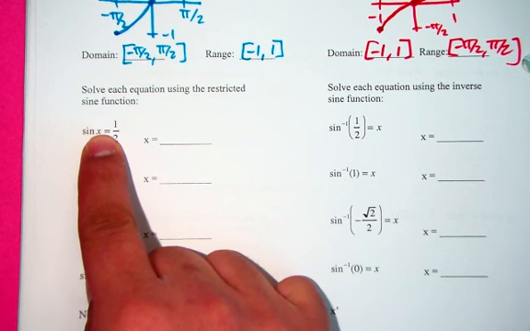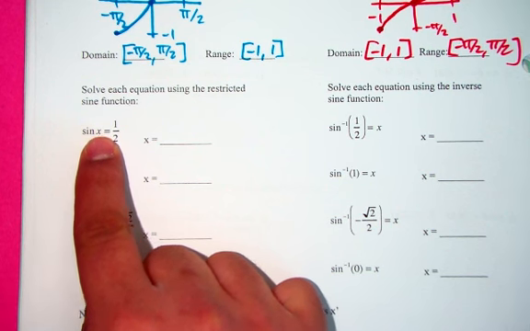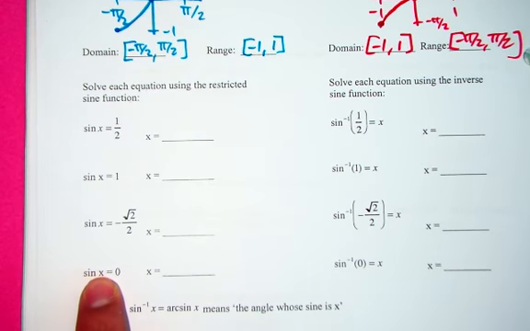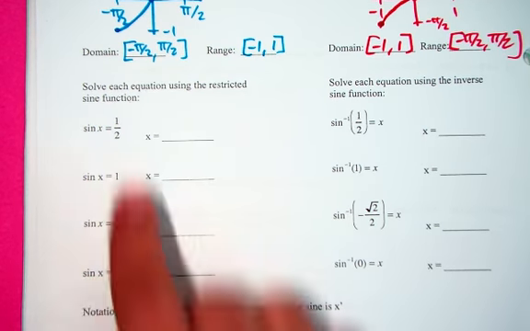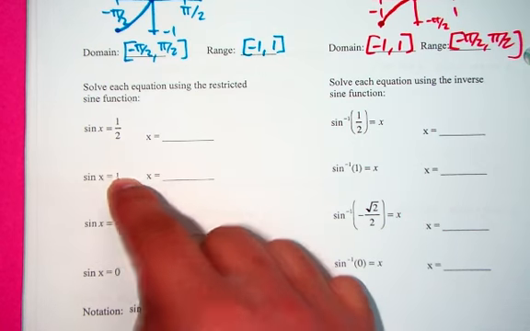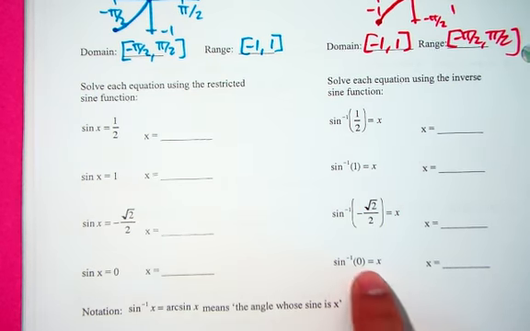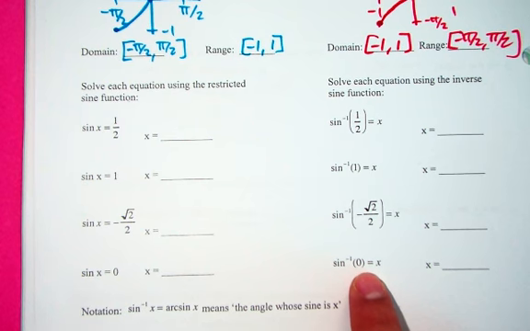An angle. Does everybody agree or see that for all of these over here, you're looking for an angle that has a sine of 1/2, sine of 1, sine of... Does that make sense? This over here on the right side says the same thing. Do you guys see the connection there?